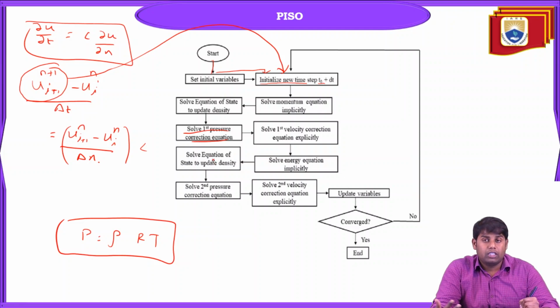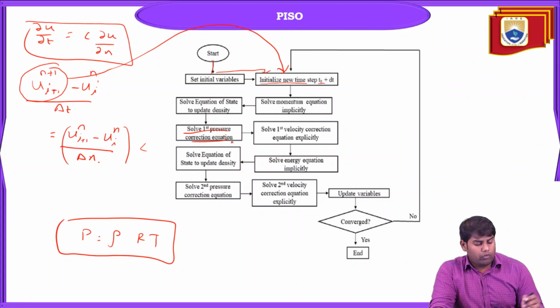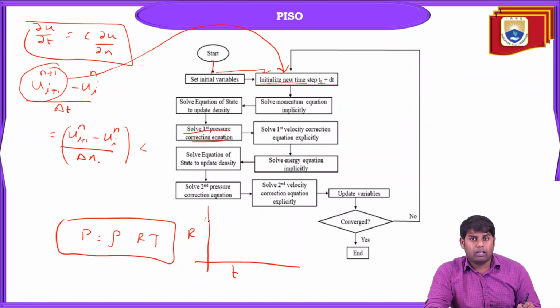That's the difference. It is a transient solver, and it gives values which are realistic in nature. For the difference between steady state and transient solvers, consider the convergence criteria or the residue: this axis is time and this is residue R. For steady state, let's say it goes like this. When you come to transient, it comes like this and shows some wiggles, and after some time it reaches the steady state.